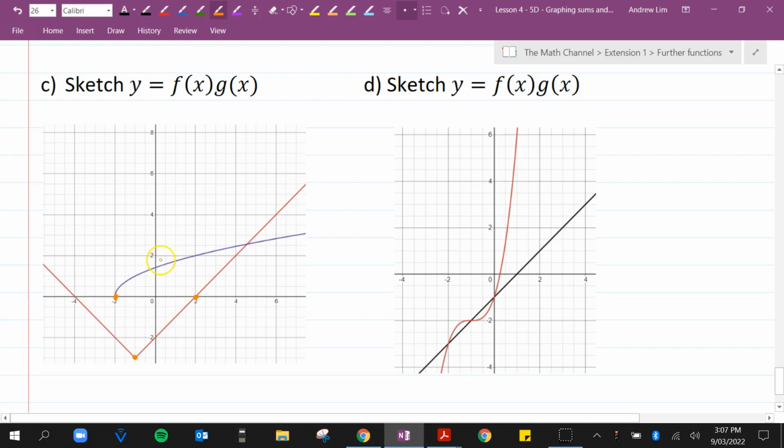So that's about negative 2.8. That's about there. Negative 1 times this is negative about 1.75. It's about there.